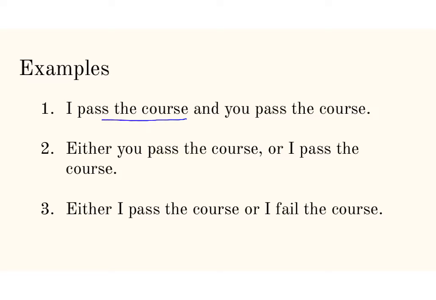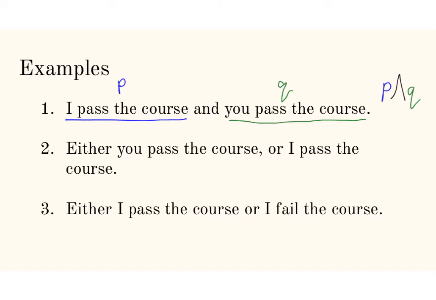Let's say that I passed the course is P. Then let's say that you passed the course is Q. What we have then is, this first example is P and Q.